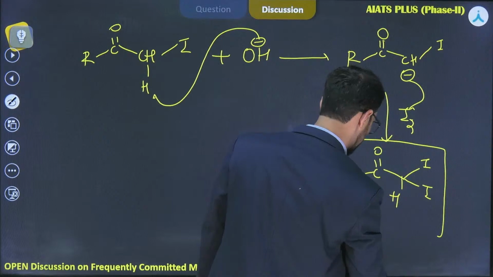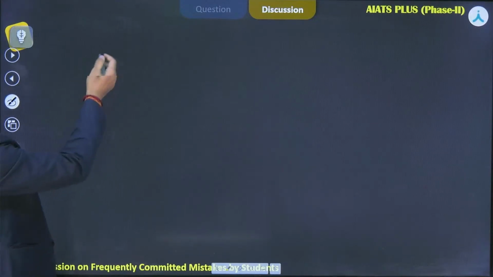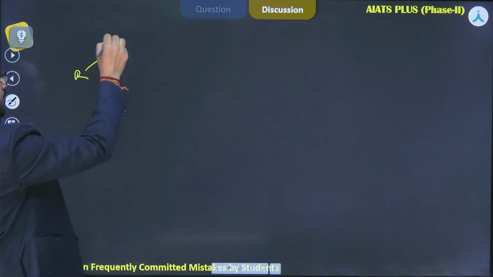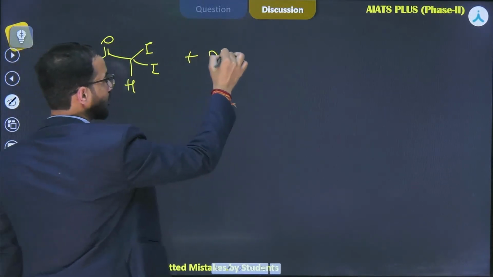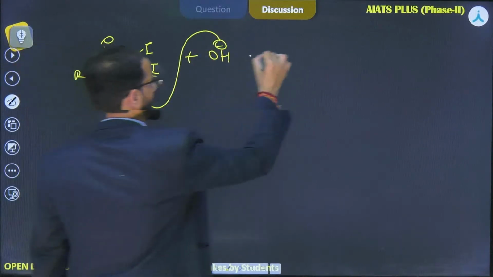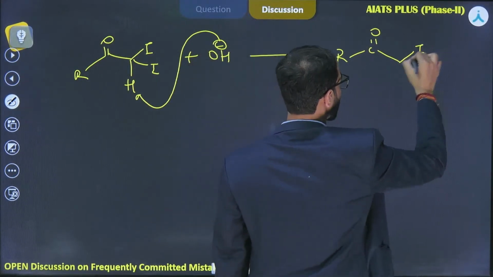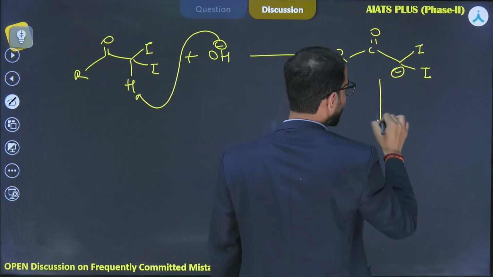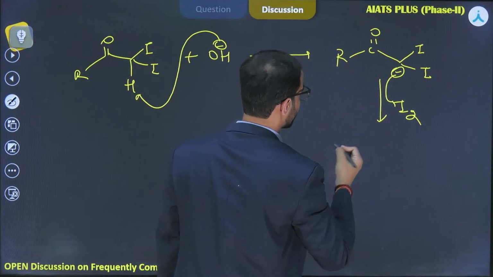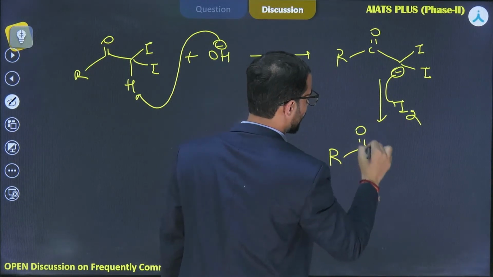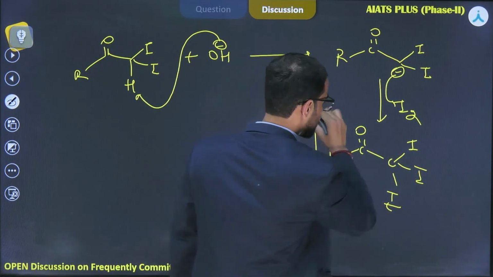Mark it B. And on reaction with B, this will move over here, and I negative will be removed from it. R C double bond O C I. This is C.